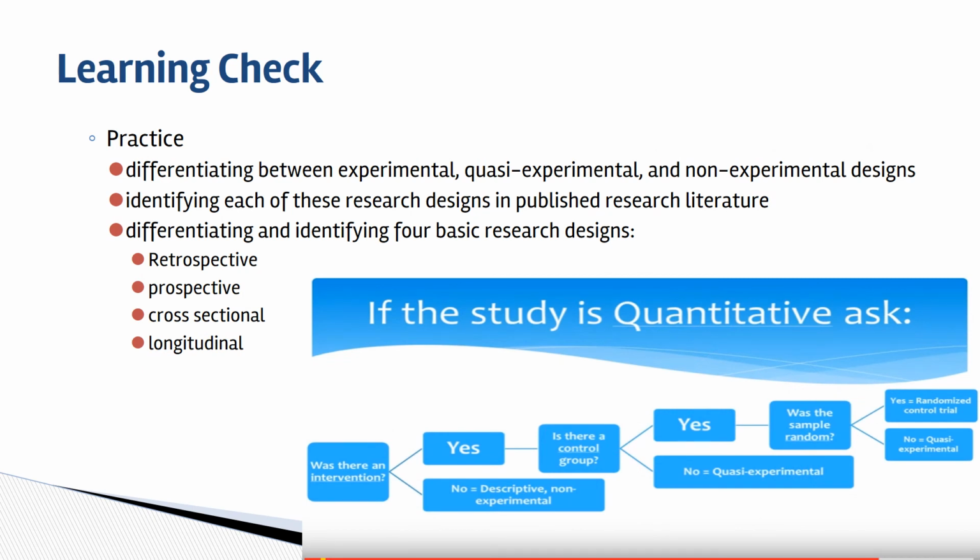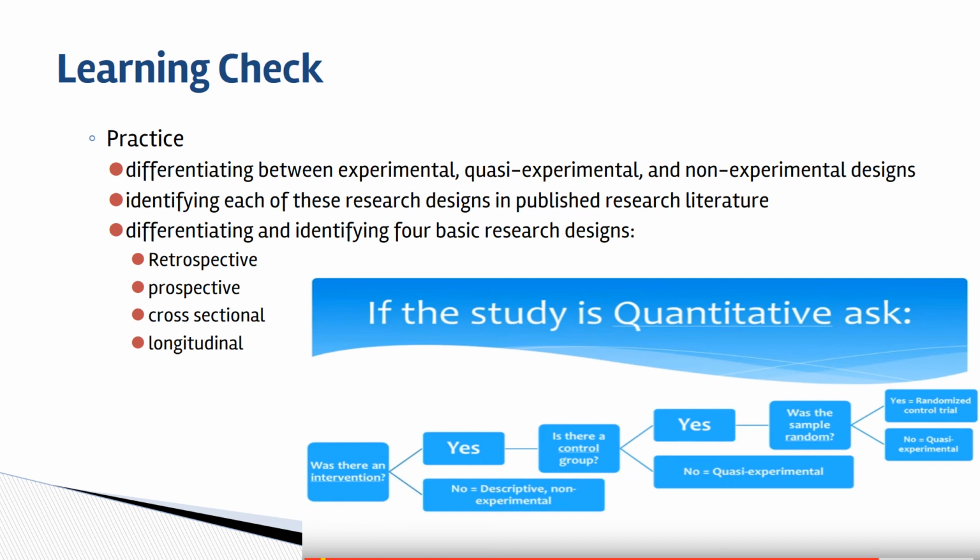So just the last slide on a learning check. Practice differentiating between experimental, quasi-experimental, and non-experimental designs. Identify each of these in research designed in published literature, and get used to practicing differentiating between the four basic research designs: retrospective, prospective, cross-sectional, and longitudinal.